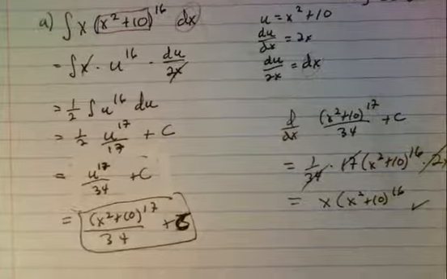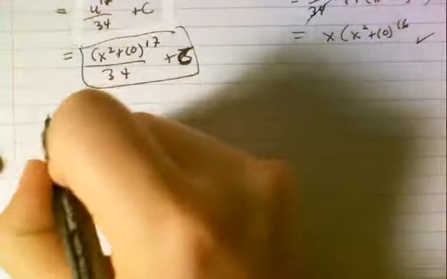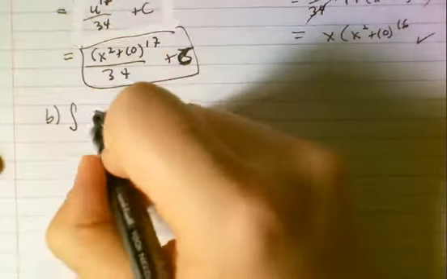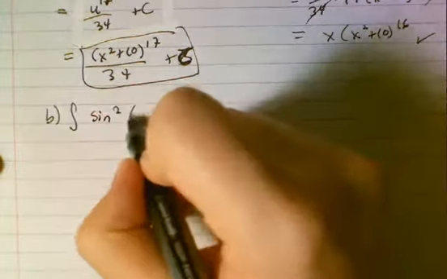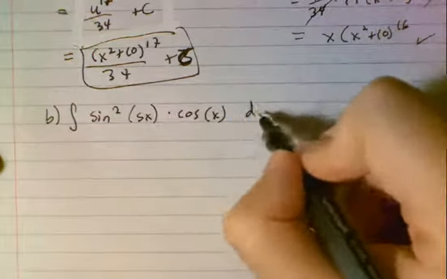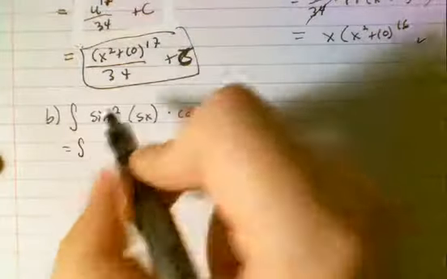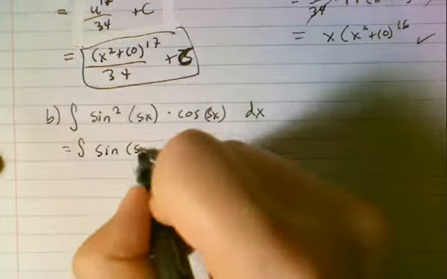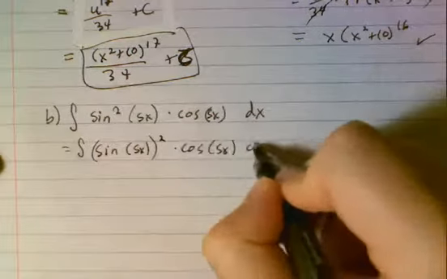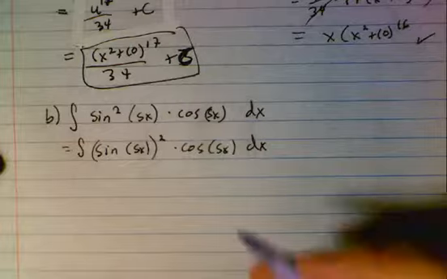Now let's look at one where we could have multiple options as to what our u would be. So let's do the antiderivative of sine squared 5x times the cosine of 5x, that's dx. First things first, anytime we see this, we're going to rewrite it. Now, when we're looking here, we see several box functions.